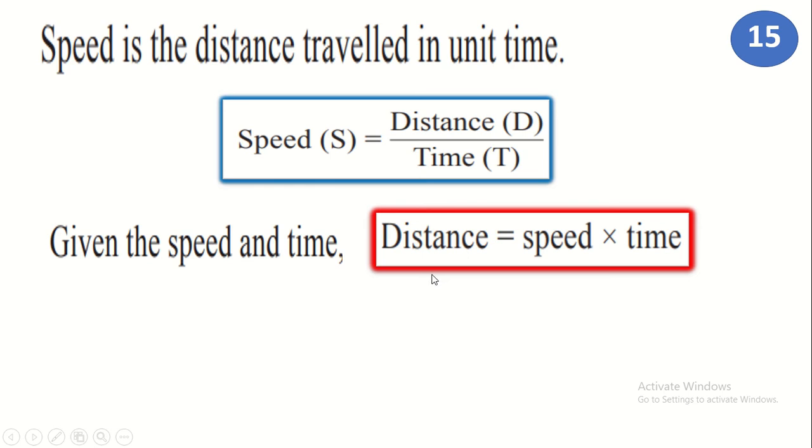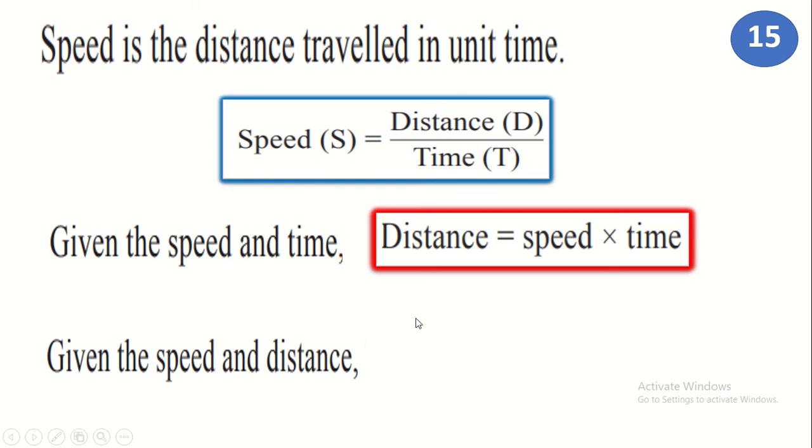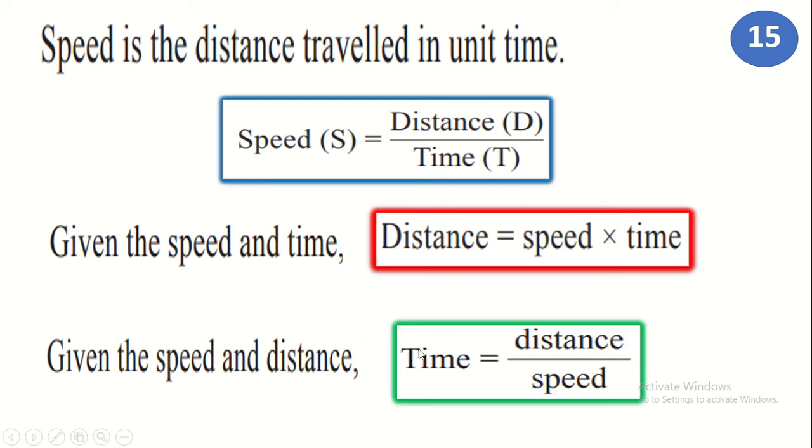Okay, if you get the speed, you have here the blue color. If you get the distance, if the speed and time are given, you multiply speed times the time. If given the speed and the distance, we can get the time.